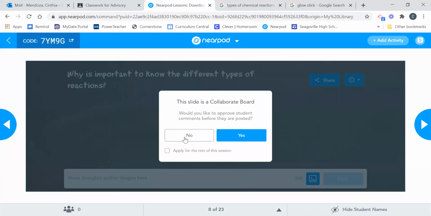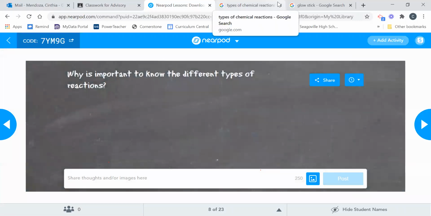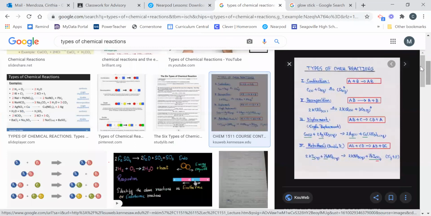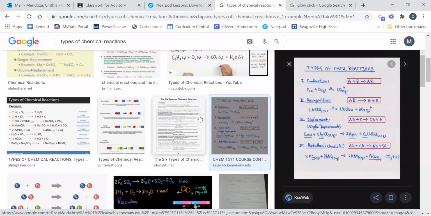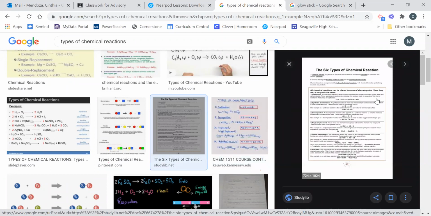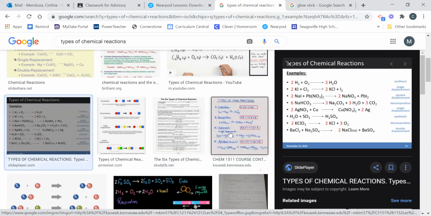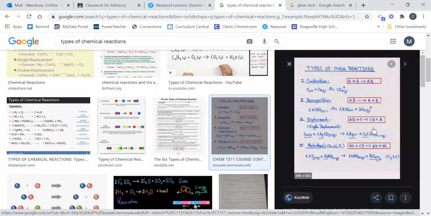Okay, next slide. Why is it important to know the different types of reactions? So I asked the people in class why is it important to know the different types of reactions, and these are the different types of reactions on here.